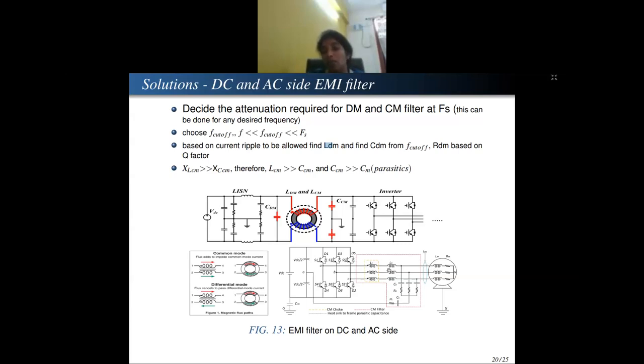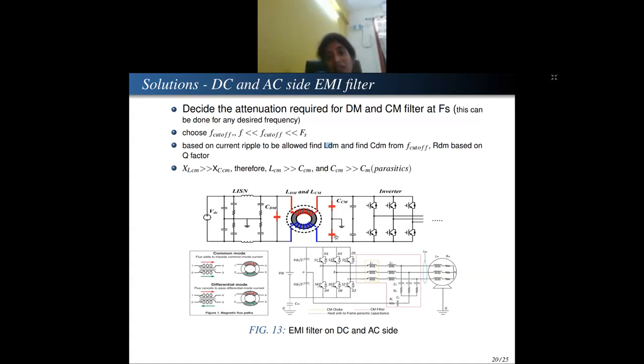Simply apply VL equals L into di by dt, decide how much delta I you want in the output of the three phase, and then choose your LDM accordingly. Once you choose LDM, your CDM can be found from F cutoff because you have decided it already. To avoid the oscillations, the resonance, you have to add the RDM based on the Q factor, which is nominally 0.707 for a system, and depending on the system, you define what RDM is.